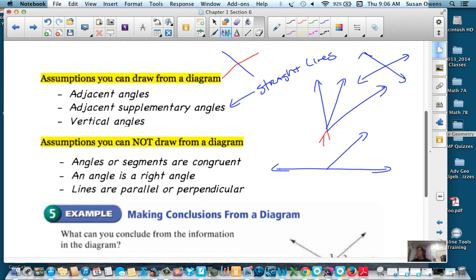Like, you don't need to say, oh, well, maybe one of those lines is not exactly 180 degrees, so that they're not vertical angles. Okay, so kind of these last two are what allow you to assume straight lines.